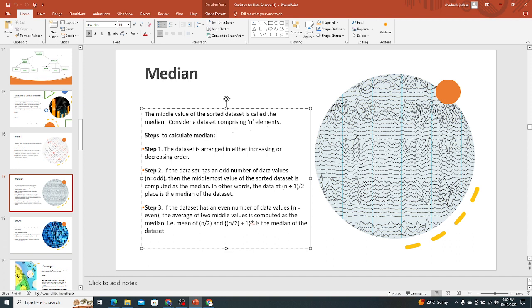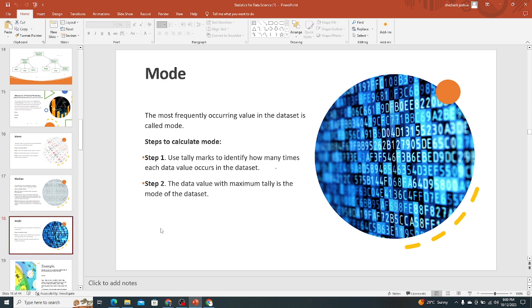If the data set has an odd number of values, the middlemost value of the sorted data set is the median. If the data set is even, the average of the two middle values is computed as the median.